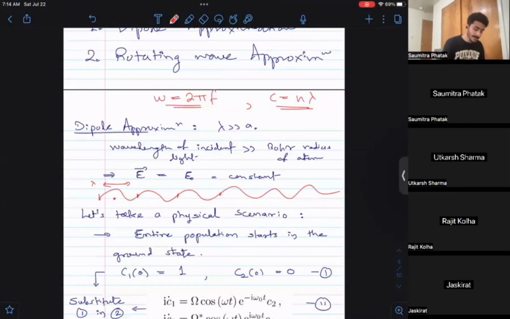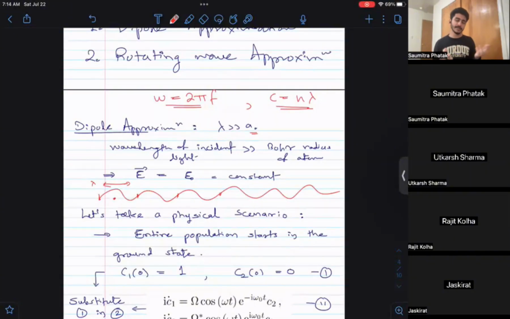What we are considering by dipole approximation is that a naught is the Bohr radius of the atom. That's the spatial extent of the atom. And lambda gives you the wavelength of the light, so that gives you the spatial extent of the light. The spatial extent of the light is for a single wavelength, because we have a monochromatic light source.